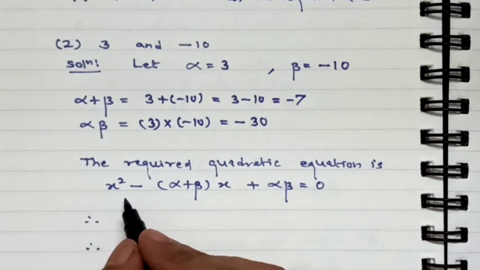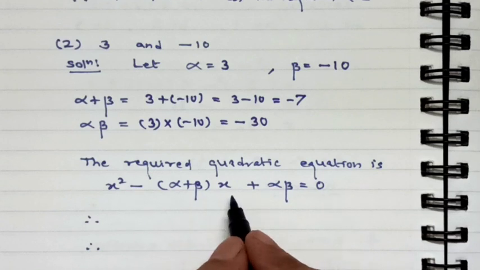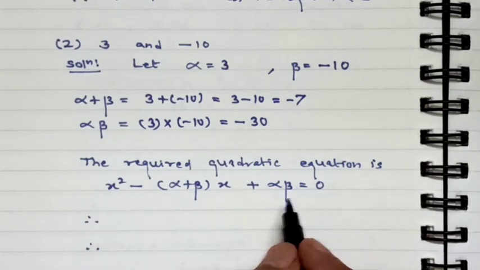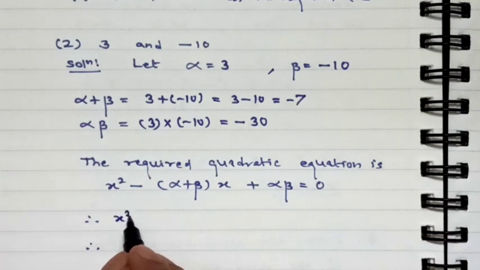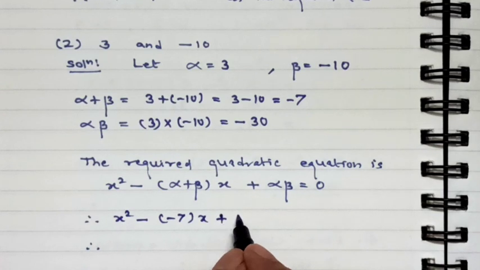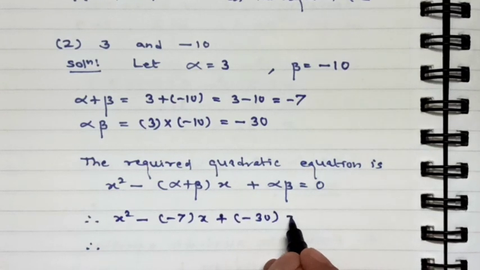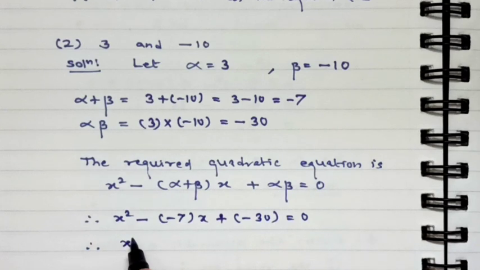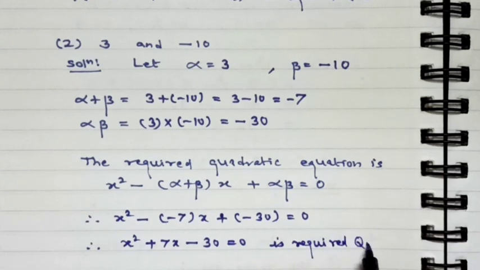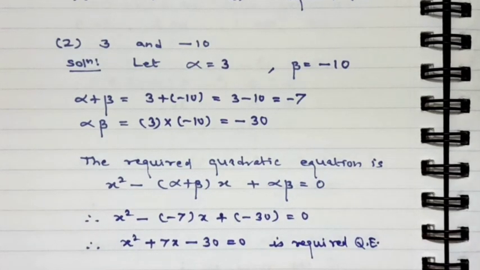The formula is x square minus (alpha plus beta) into x plus alpha beta is equal to 0. Therefore x square minus (minus 7)x plus minus 30 is equal to 0. Therefore x square plus 7x minus 30 is equal to 0 is the required quadratic equation.